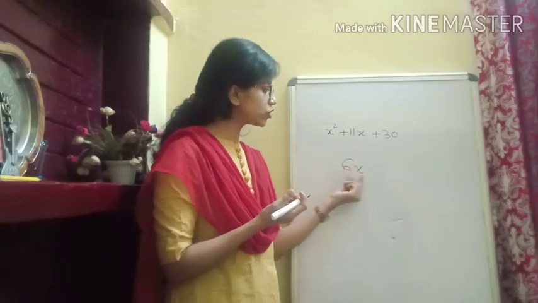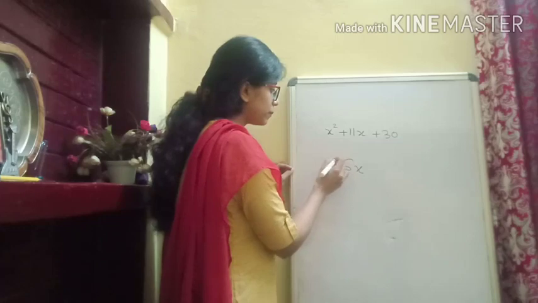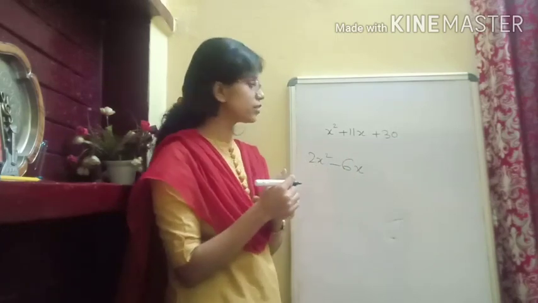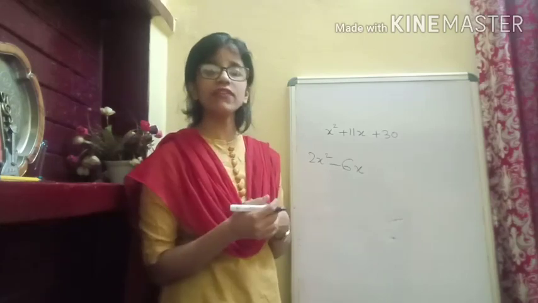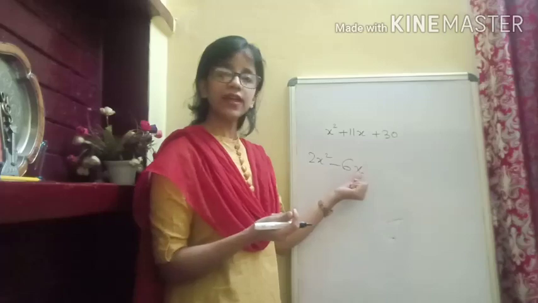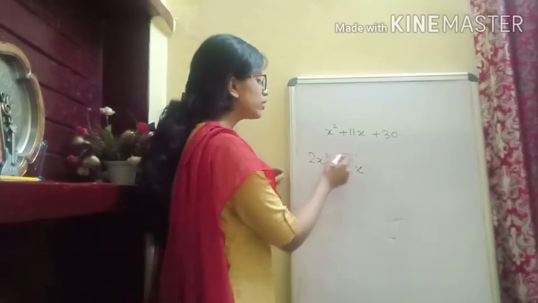So there the coefficient of x is 6. Now if I write 6x minus 2x square, and I ask you what is the coefficient of x square, it would be minus 2. And the coefficient of x would be 6. We always take the coefficient with the sign.